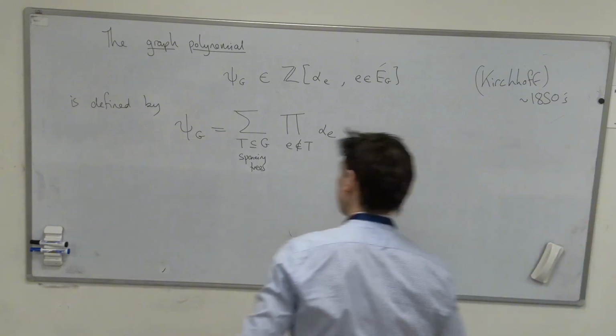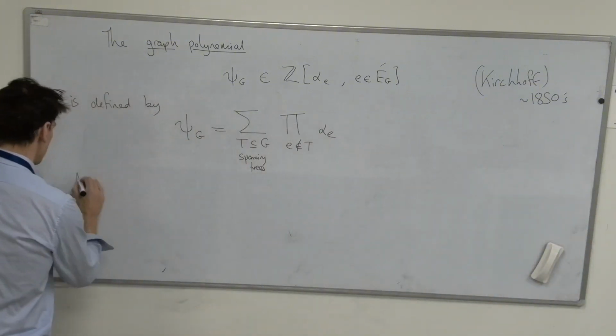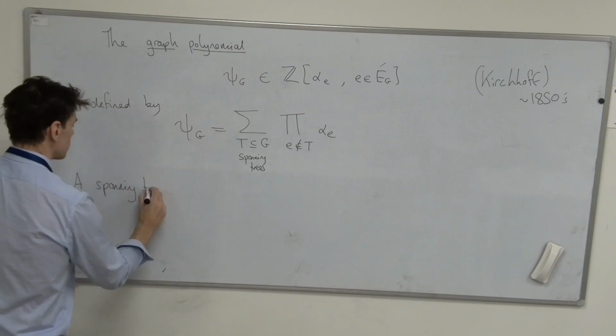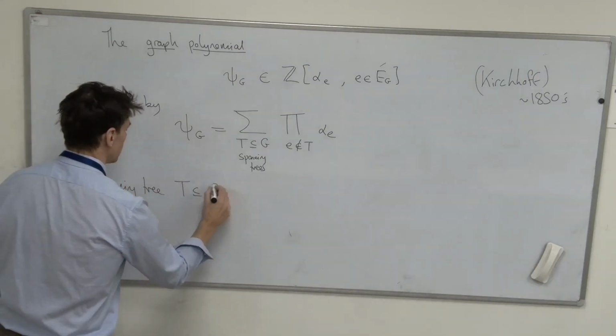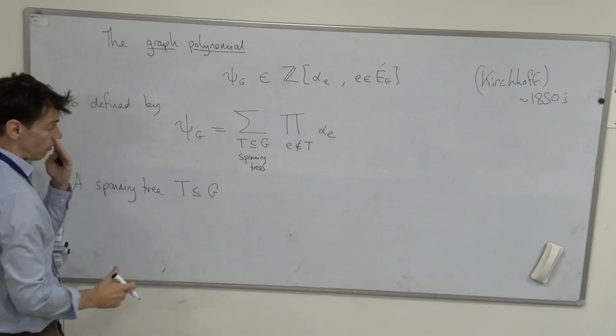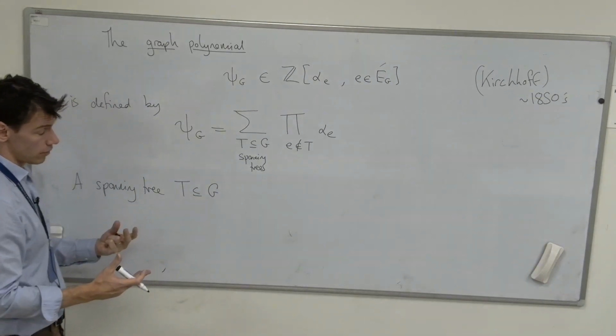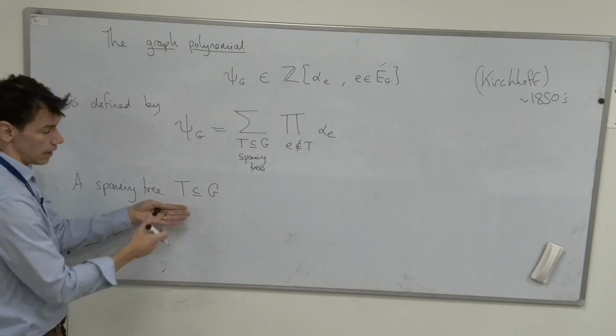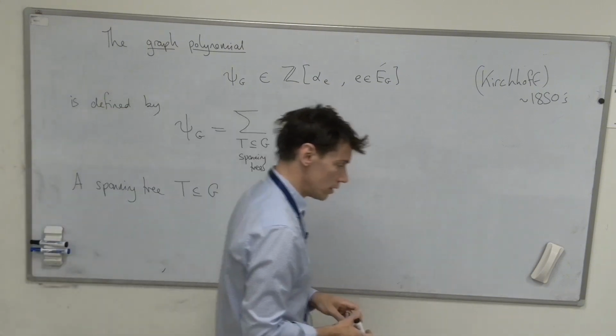So the definition is a sum over spanning trees. I should say a spanning tree T in G. For me, subgraphs are given by sets of edges in a graph. You choose a subset of edges, and if an edge contains a vertex, that's a vertex of your subgraph.